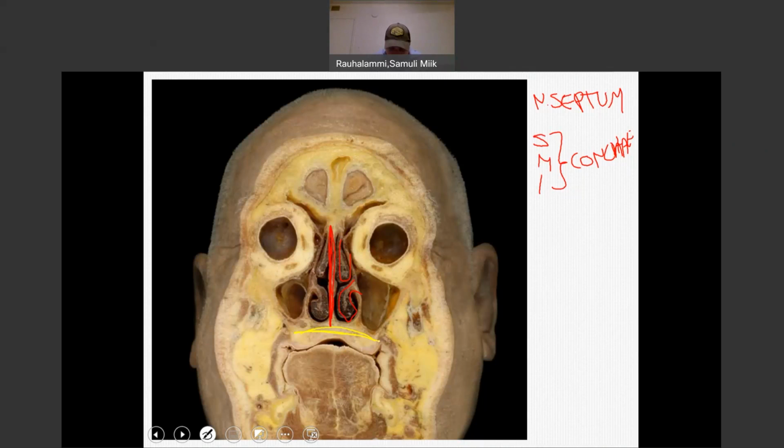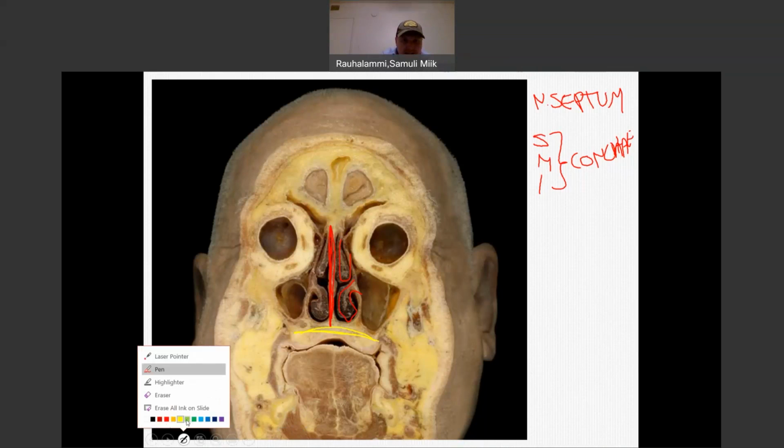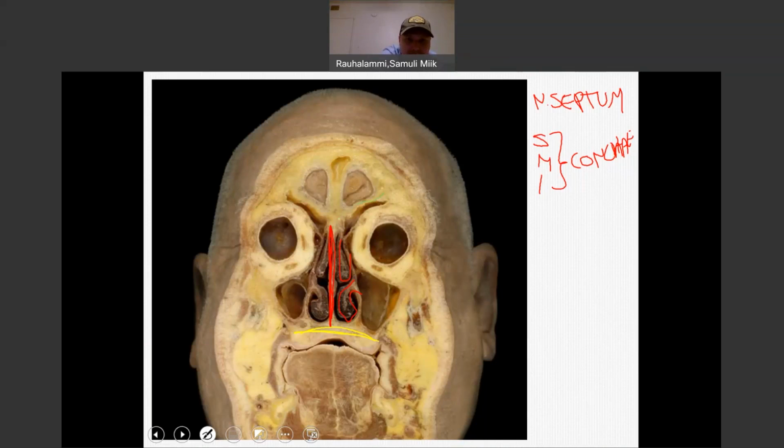I'm trying to see what else we could see. We are starting to see our frontal sinuses appearing here above the eye sockets. And notice how in the eye sockets there's a lot of fatty tissue cushioning there. We see some muscles running through as well.